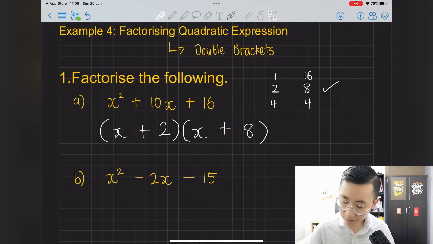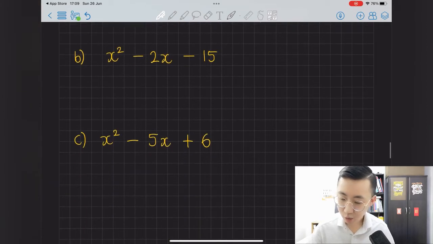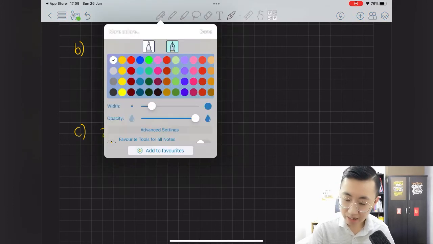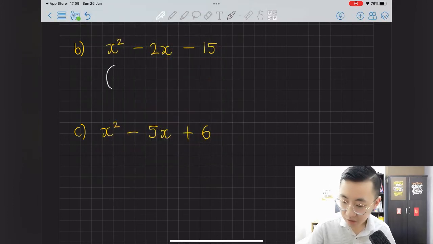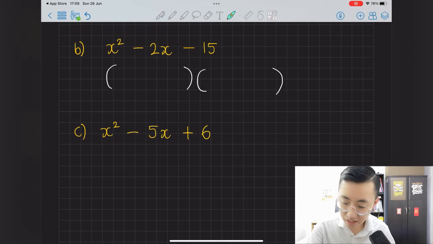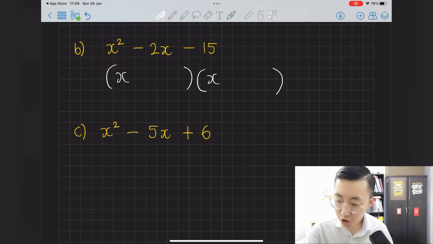Let's do B. We are looking at this question right here: x squared minus 2x minus 15. I knew that this is actually a double bracket factorization. So the teacher is going to lay out the double bracket first. After that, how to get x squared, this is the hint, so you need to put x and x in front. Then check on the last digit.